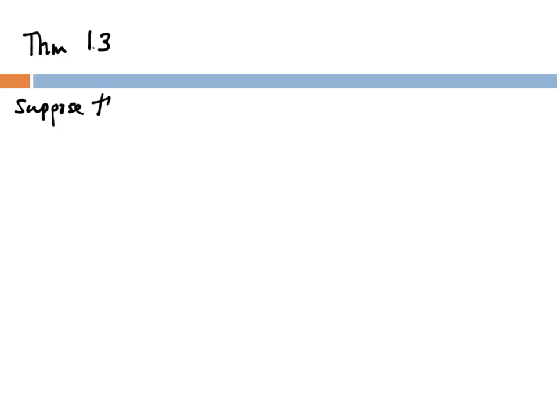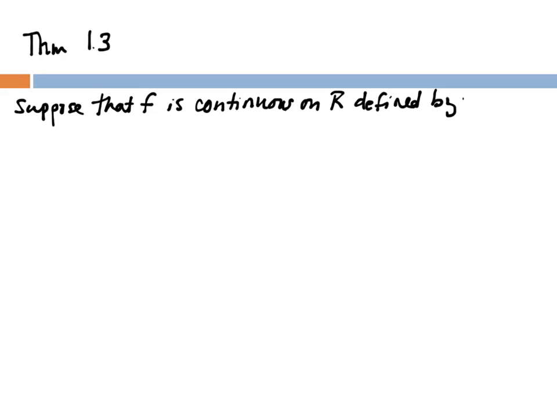Suppose that f is continuous on R defined by, so we are going to define R, but we're not going to define it as a rectangular region. We are going to define it as a set of points.